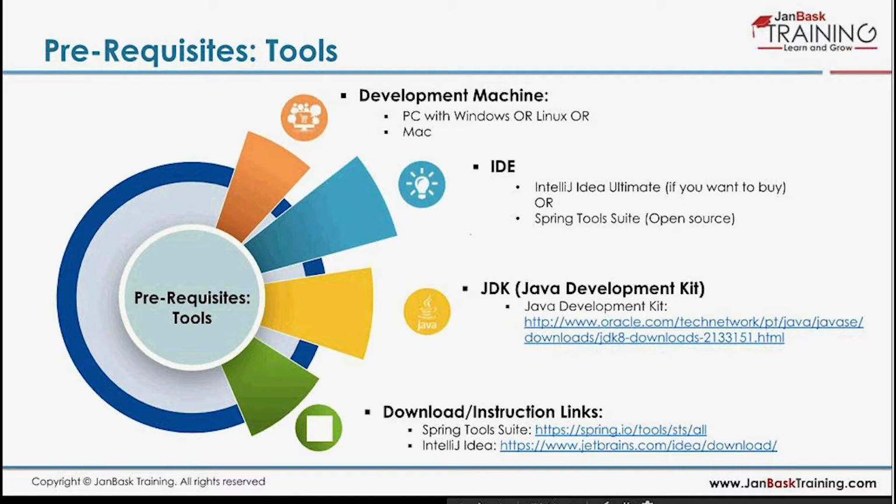So you can have a PC, and if you have a PC, that's really great. If you don't, you can also run it on a Mac. Or if you have a desktop with a Linux installation, that will also work just fine. So any of these machines is going to be okay.